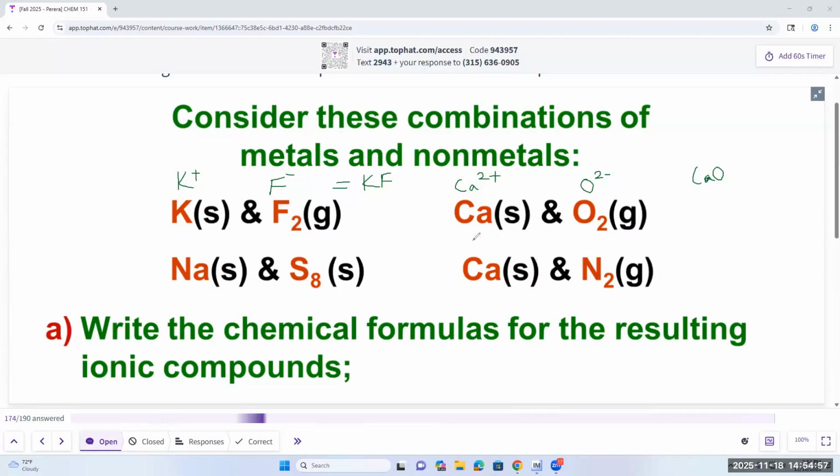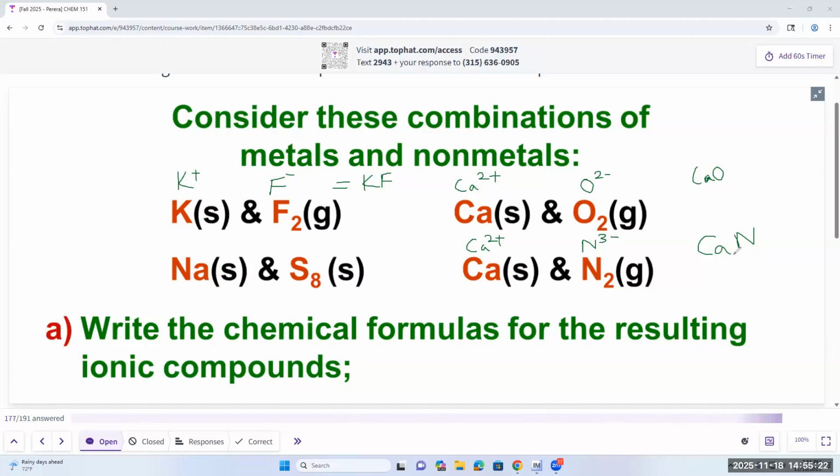All right, I'm going to do this one. Calcium again should be 2+. And from N2, we're going to get nitrogen atoms. It's in group 5, therefore it's going to gain 3 electrons to become 3-. In our compound, we're going to have calcium and nitrogen. All I'm going to do is swap the charges.